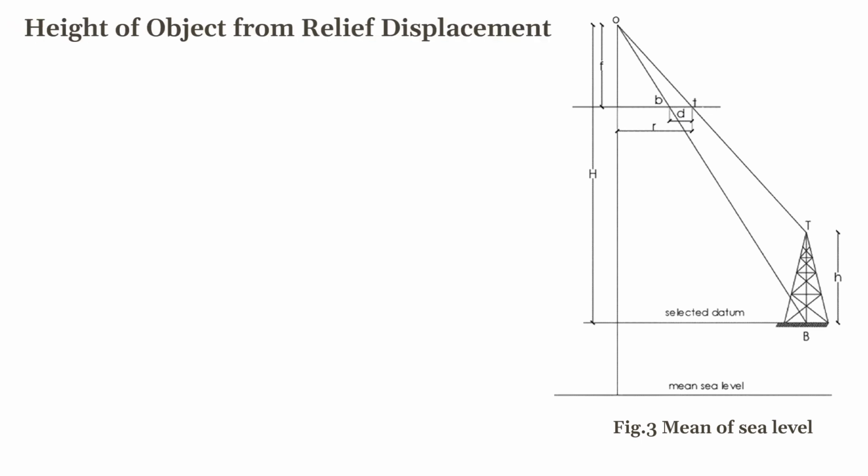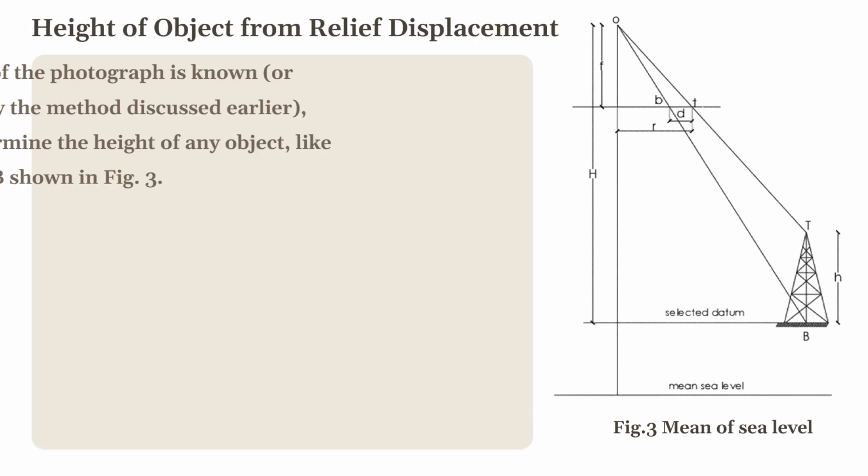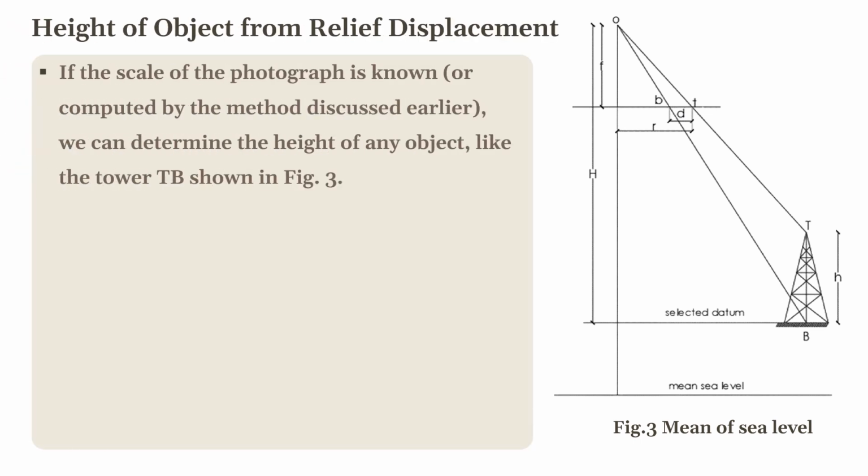So, now let us understand how to find the height of an object from relief displacement. If we know the scale of the photograph, or if you have computed it using some method discussed earlier, we can determine the height of an object like the tower TB as shown in figure 3. Let us identify how it is done.